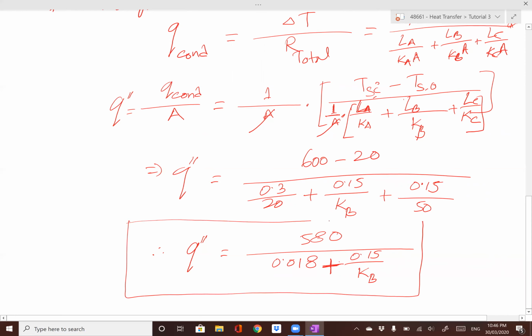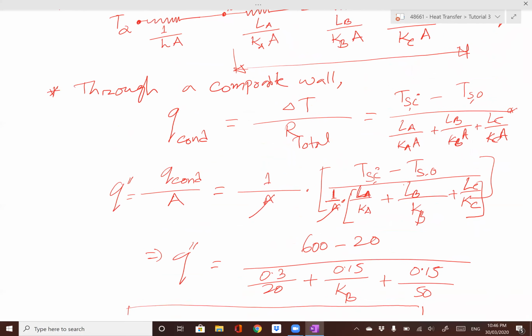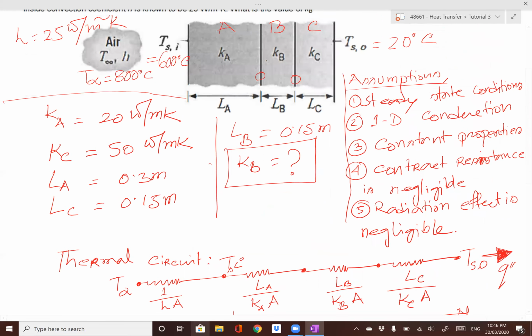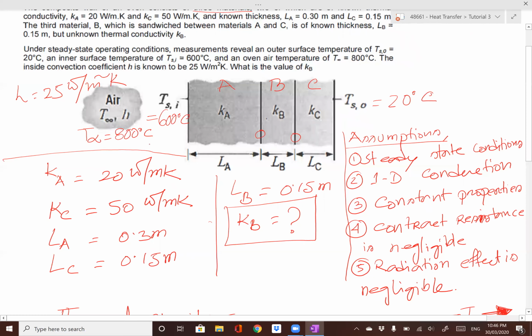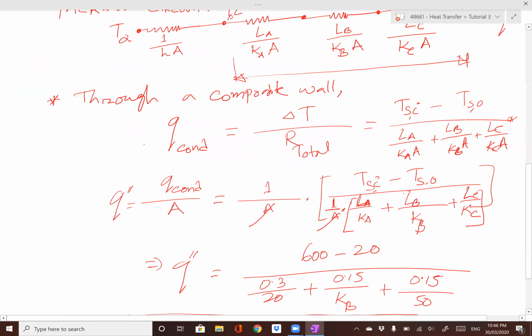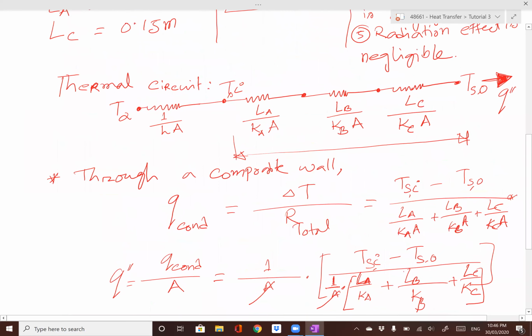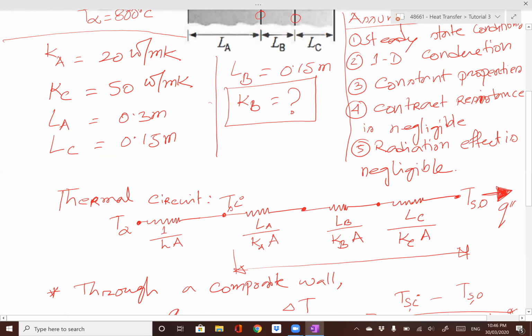So this one is the heat flux through the composite wall. Now we can say, for here, this inside oven temperature will transfer from the oven air to the inner wall through convection.